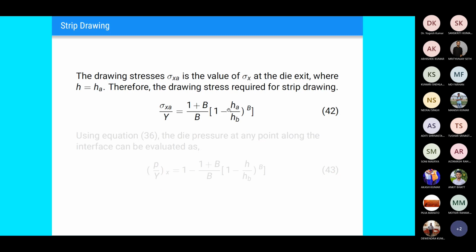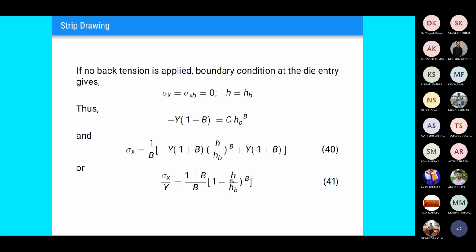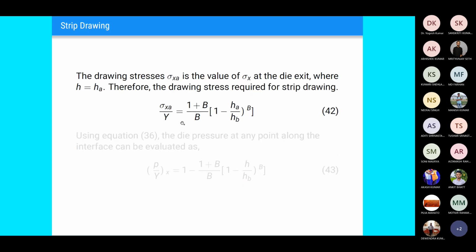One bracket has been missed in all these equations, the left-hand side bracket, so I will correct this PPT. Here we have only put the values of sigma x and thickness at the exit level: sigma x is equal to sigma xa, and thickness of the strip is equal to ha. So we have got this term, sigma xa upon y equals 1 plus b upon b into 1 minus ha upon hb raised to the power b. This is your equation number 42.